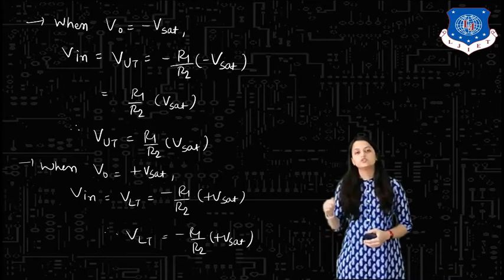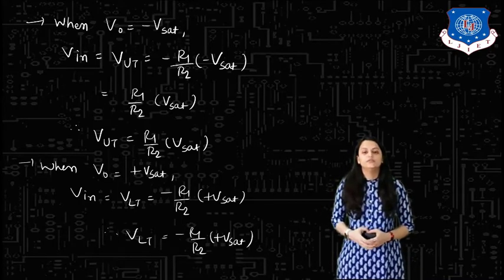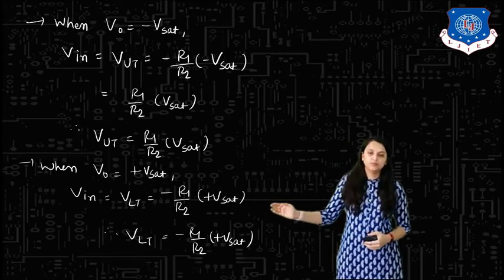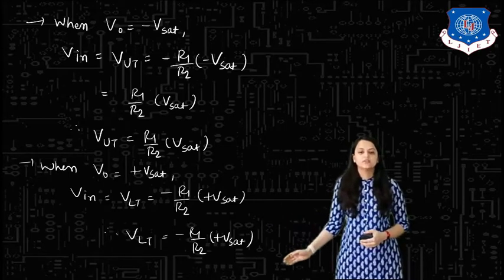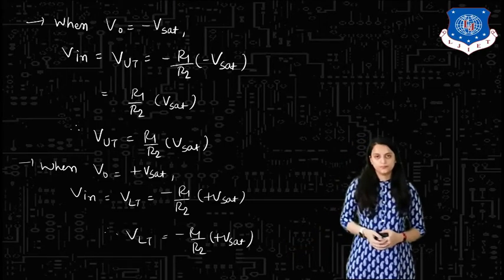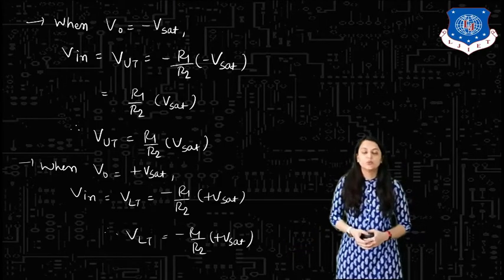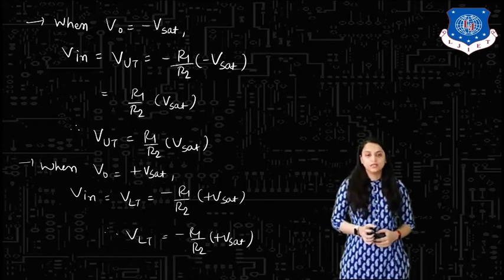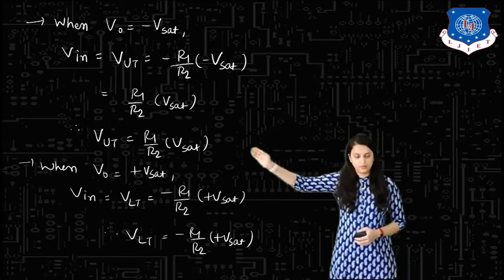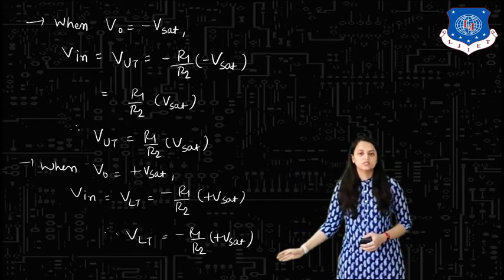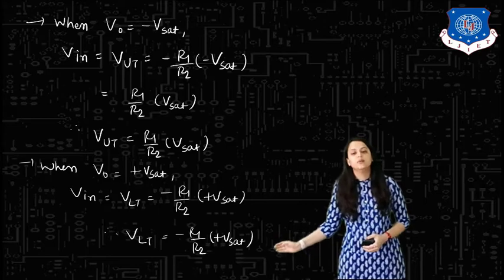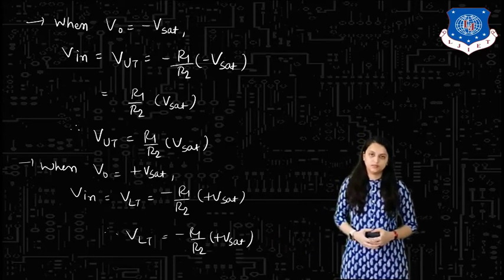When VO equals plus Vset, Vin equals VLT, that is minus R1 by R2 into plus Vset, the lower threshold voltage. These are the equations of VUT and VLT. I repeat, VUT is R1 by R2 into plus Vset. This is VLT, that is R1 by R2 into minus Vset, or as you can say, minus R1 by R2 into plus Vset.